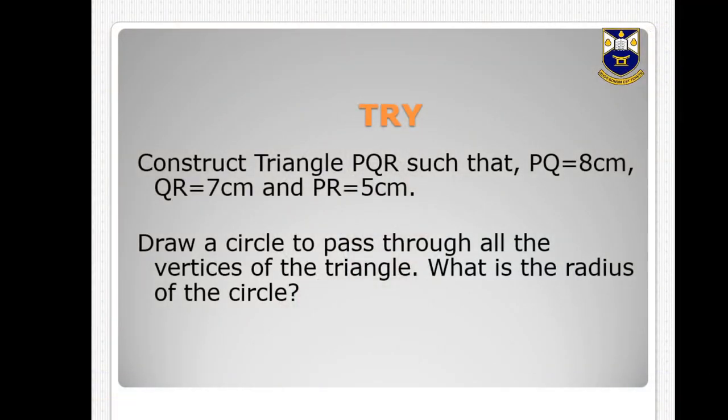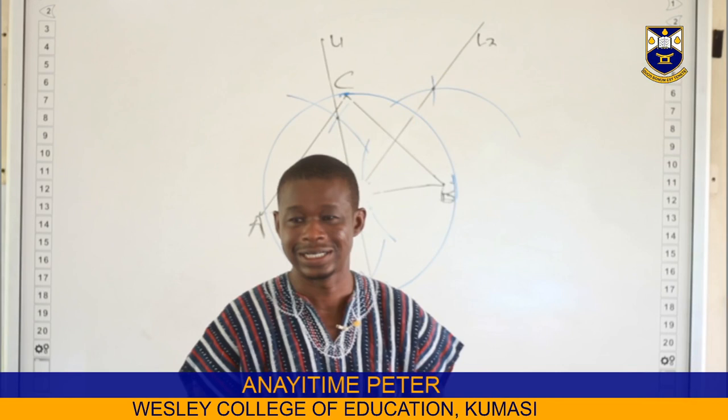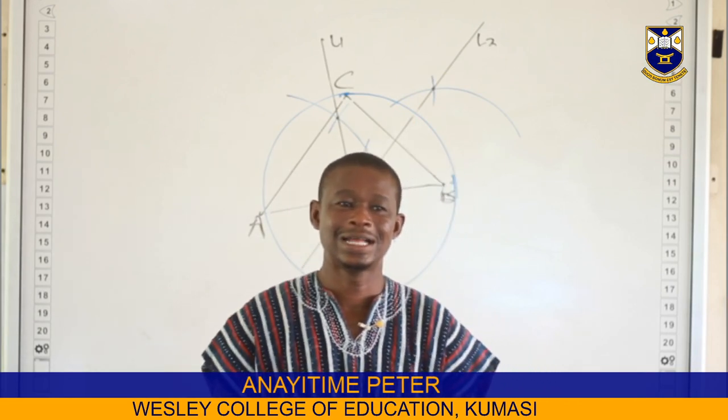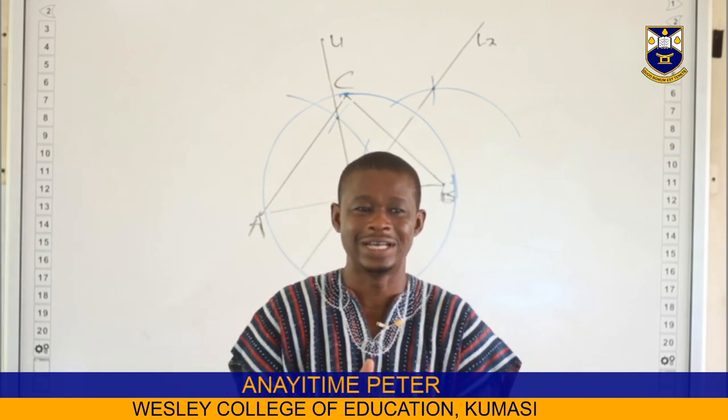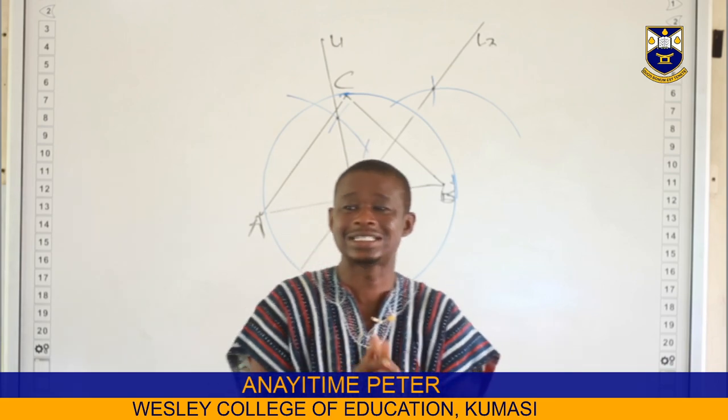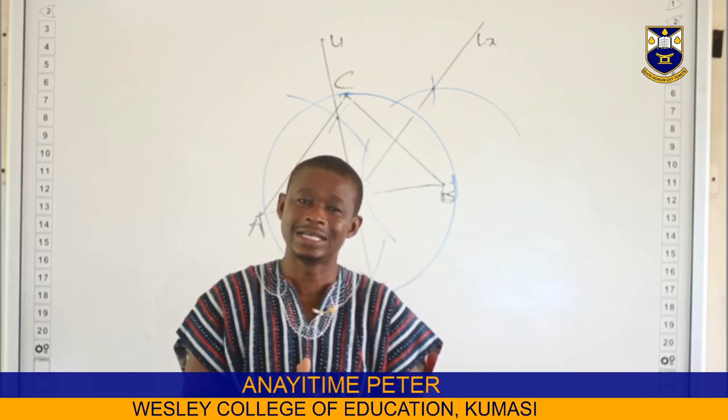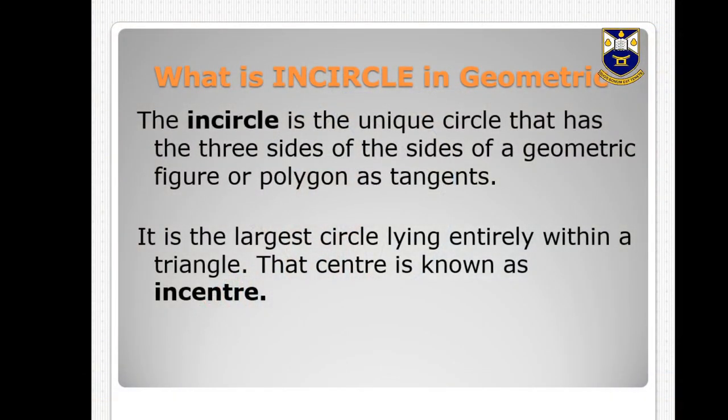Now, what is an incircle? An incircle is a unique circle that touches the 3 sides of a geometric figure. The difference between the circumcircle and the incircle is that the incircle touches the sides of the figure.